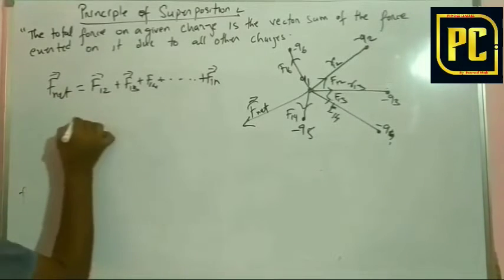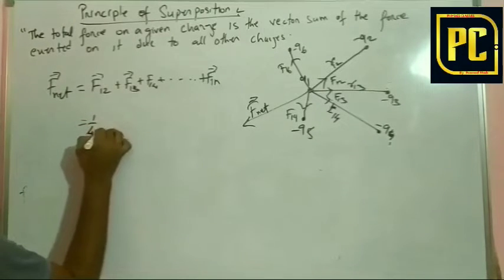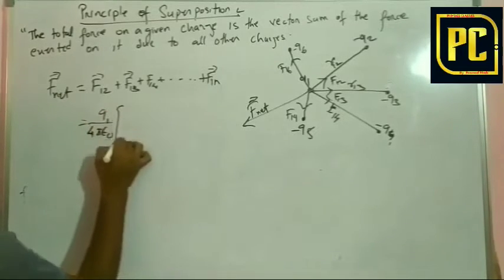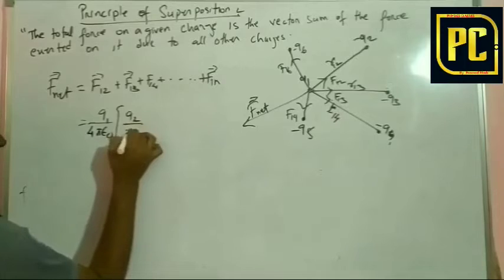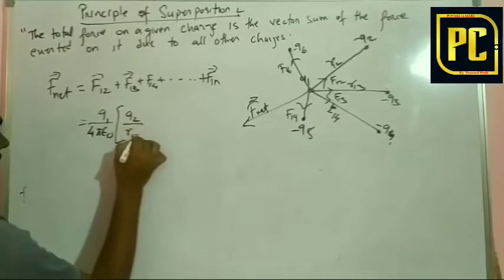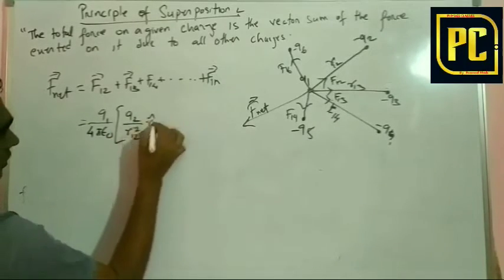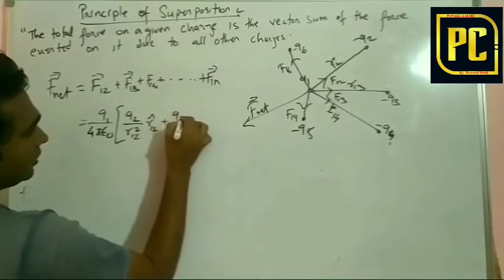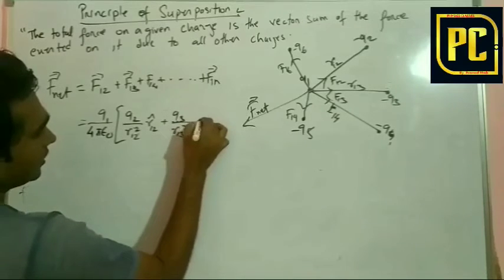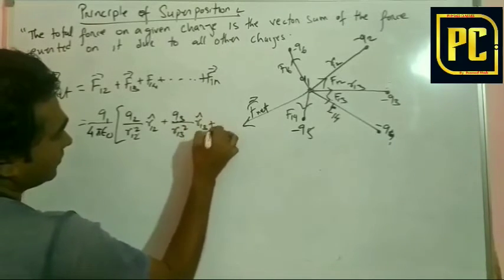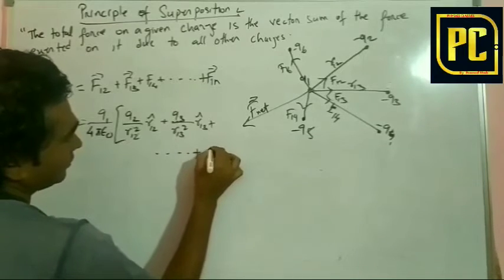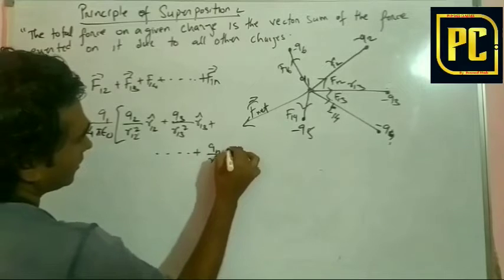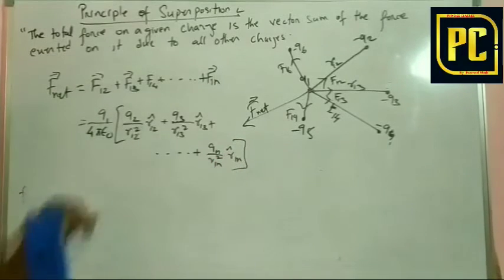Or I can simply write 1 by 4 pi epsilon naught, Q1 Q2 by R12 square R12 cap, plus Q3 by R13 square R13 cap, and Qn by R1n square R1n cap. So in this way we can proceed.